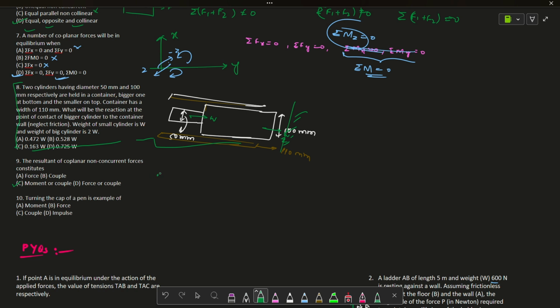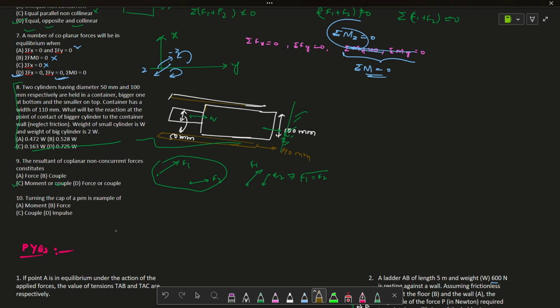Moment is given, right? It's saying that if two forces F1 and F2 are both there, they constitute a moment. If they are opposite in nature and parallel, then they constitute a couple, and they should have equal magnitude. We have discussed this in the previous lectures.